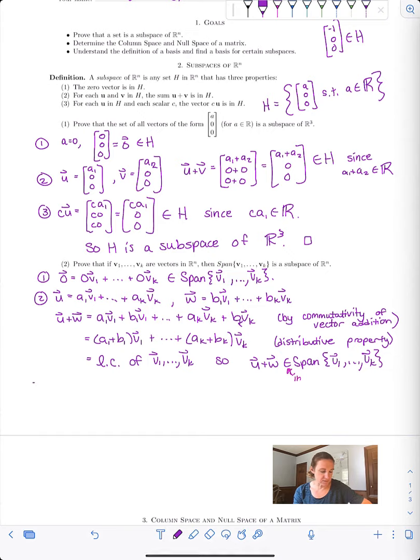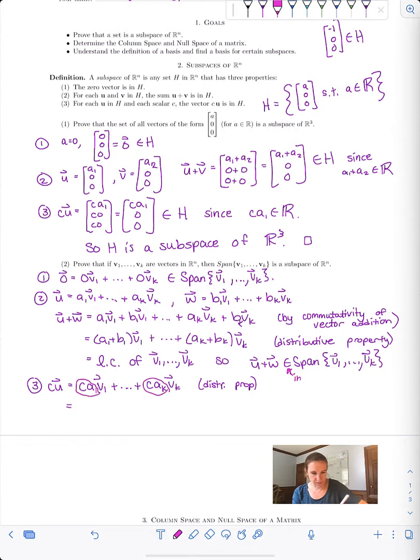Okay, and then our final step is to look at what happens when we multiply through by a constant. And so we get c times a1 v1 up through c times ak vk. We got that again by using the distributive property. And you can see each of these coefficients is a real number.